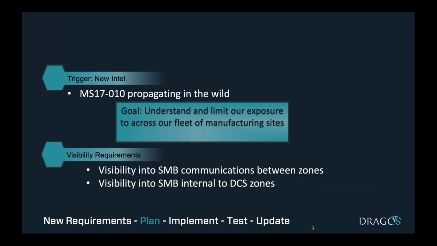So moving from the new requirements to the planning phase. A good example of this would be MS17-010 being propagated and being seen in the wild last year. Really, our goal from an operations security standpoint is to understand and limit our exposure across, say, our fleet of manufacturing sites, for instance. That's well and good. There's a lot of challenges with many OT instances where they're truly relying on SMB connectivity, moving between zones in various ways.